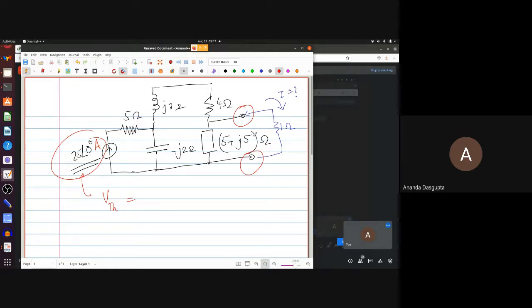So basically, the first thing that you do is you realize that once you open this out, this becomes a very simple series parallel circuit. So what you want is how much current is flowing to this. Now here, you can actually find out the voltage across this, then divide by the impedance to find the current across this and so on.